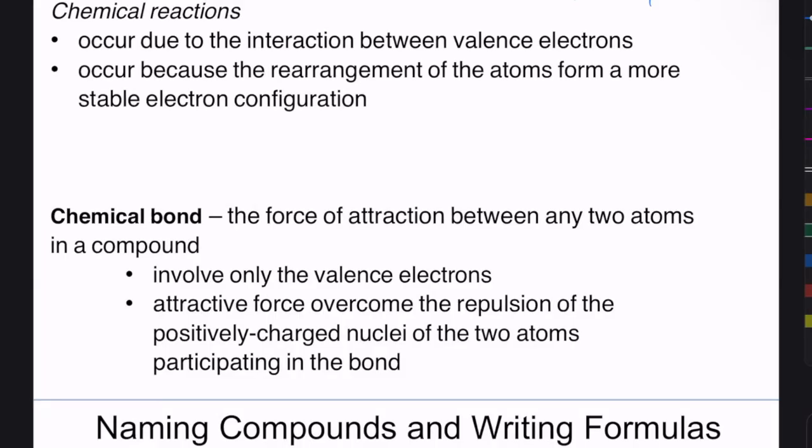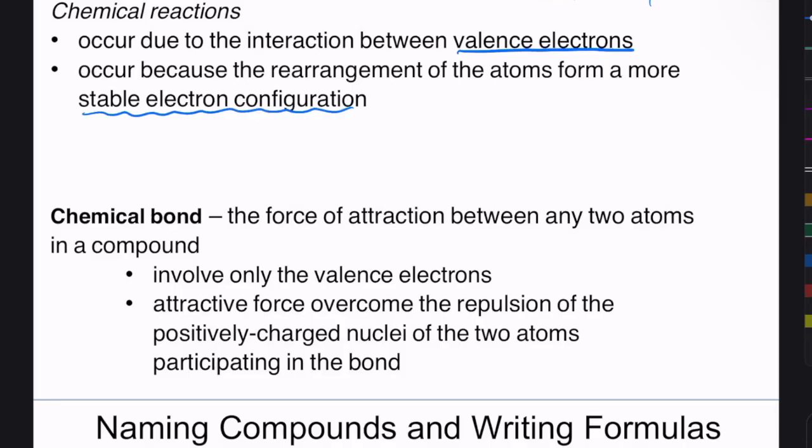Now, as we mentioned before, the chemical reactions that we study happen due to an interaction of just the valence electrons only. So only those electrons in the outermost shell. You all know what a valence electron is now. I hope you haven't forgotten it already. And these valence electrons are going to rearrange to form a more stable configuration.